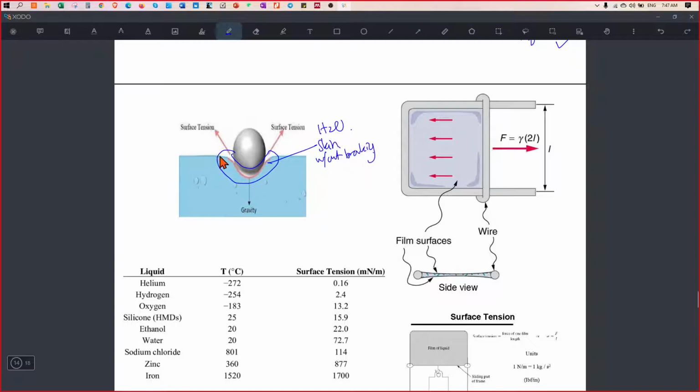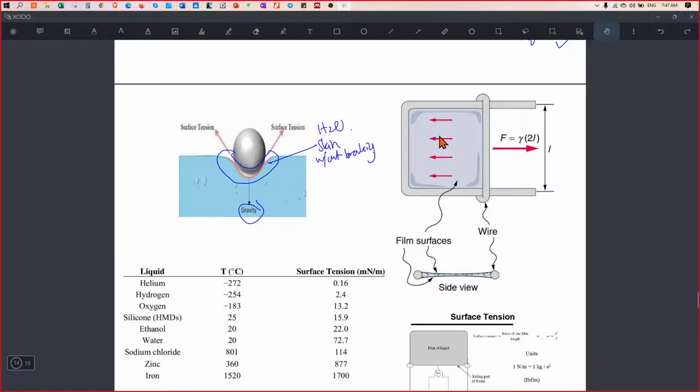Because water has a high surface tension, even when you put something heavy on it, it is still not breaking, meaning that the gravity is not enough to break it.